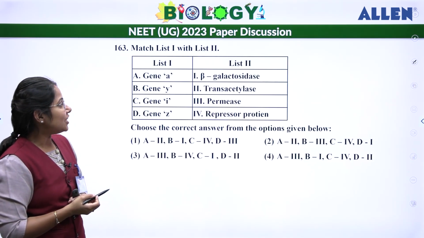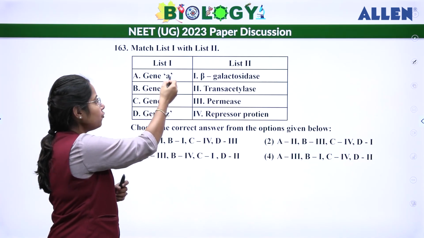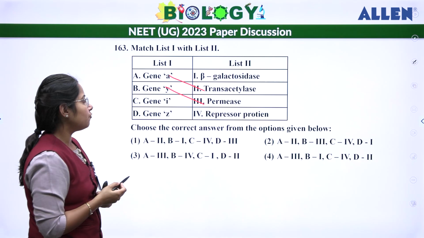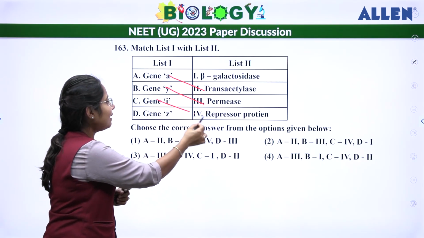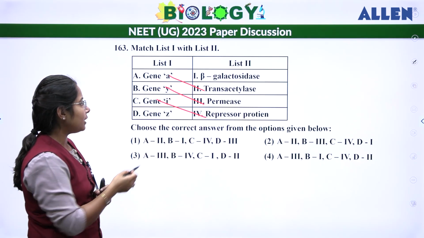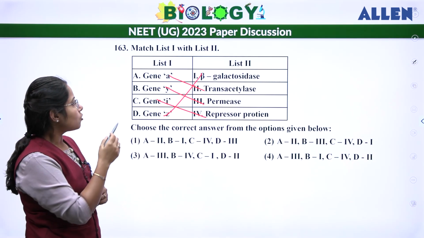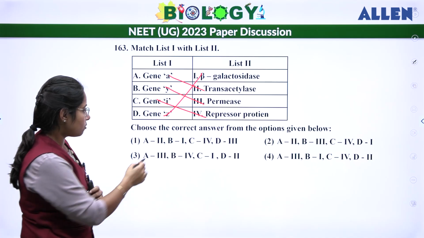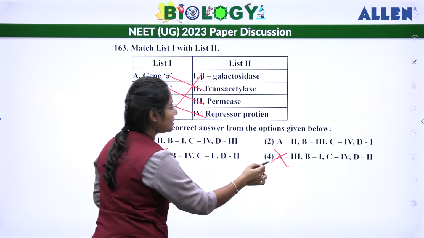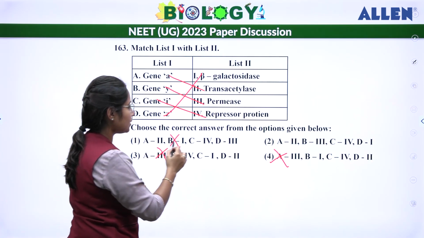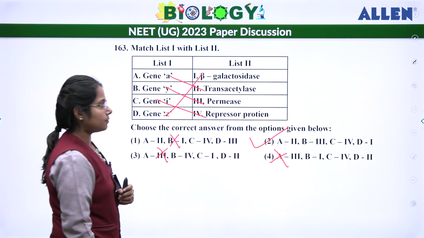Next, gene A will be coding for trans-acetylase, Y will be coding for permease, I will be coding for repressor protein, and Z will be coding for beta-galactosidase. So A will be 2, so this option and this option get negated. B will be 3, so this option gets negated and this is the correct answer.